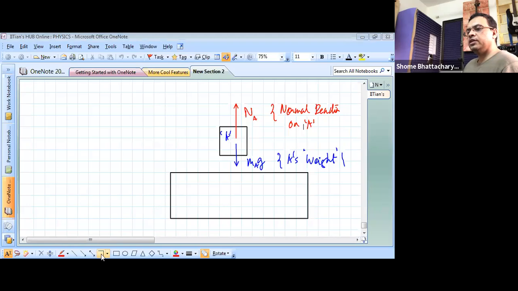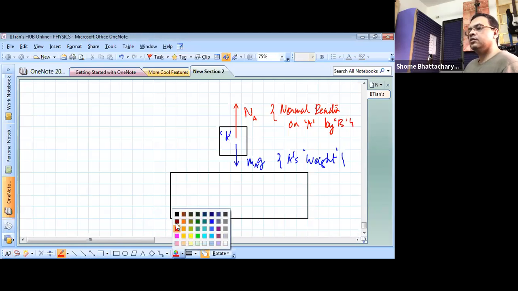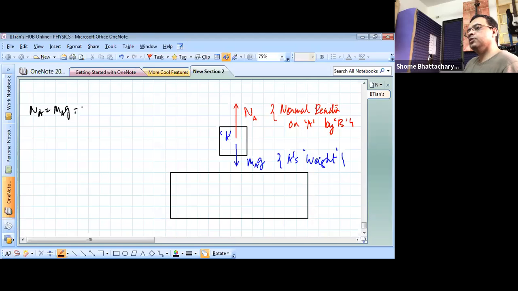So this is the normal reaction applied by B on A. Because A is in equilibrium, what should happen? This normal reaction has to balance its weight. So it has to become equal to 20 newtons. Now when you look at the body B, its situation is somewhat different.